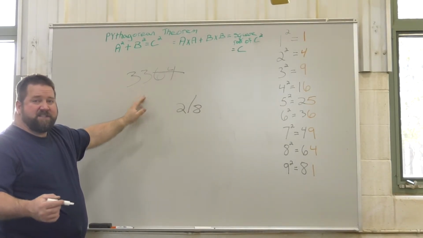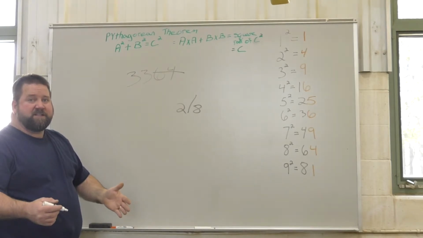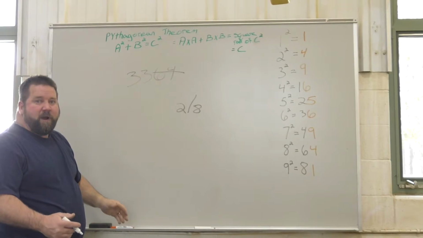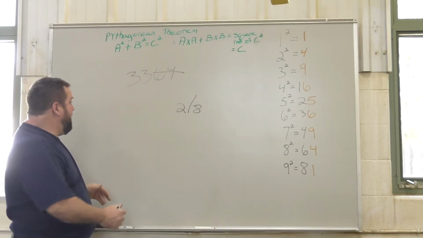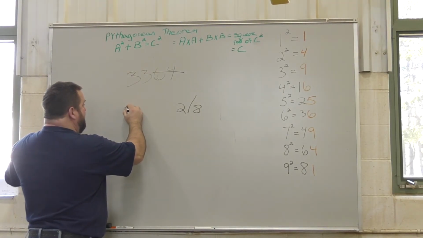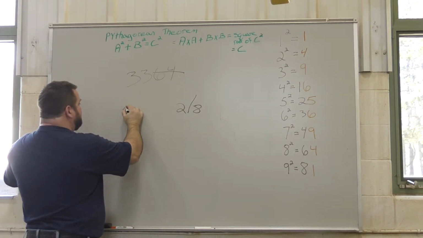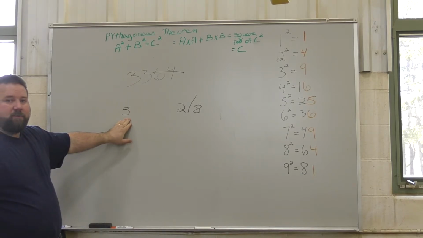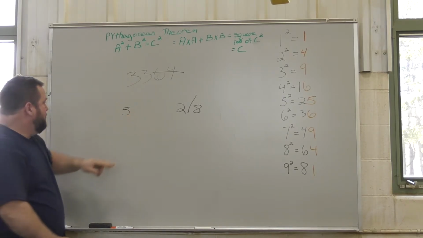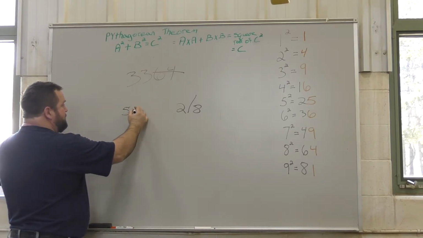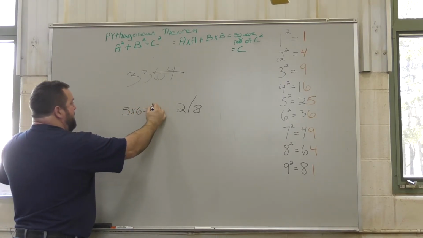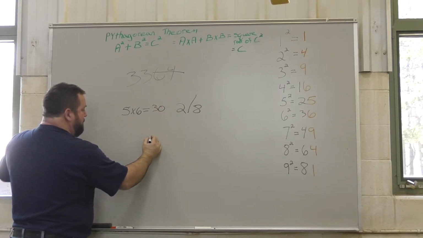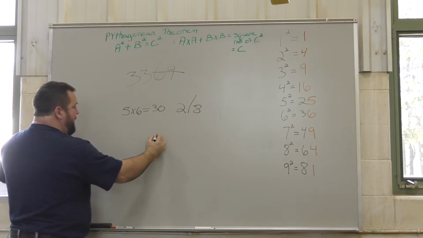Well, 6 times 6 is 36, so it can't be 6. 5 squared, 5 times 5 is 25, so it has to be 5. Now we're going to take this 5 and multiply it times the next number, which would be 6, and that equals 30. So we know our far left number in our answer is a 5.